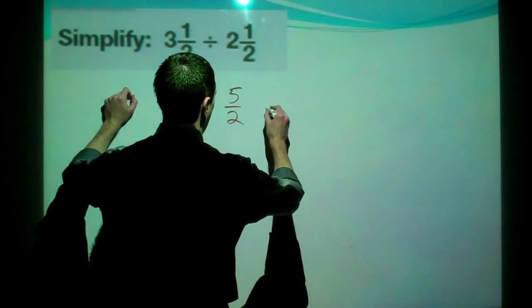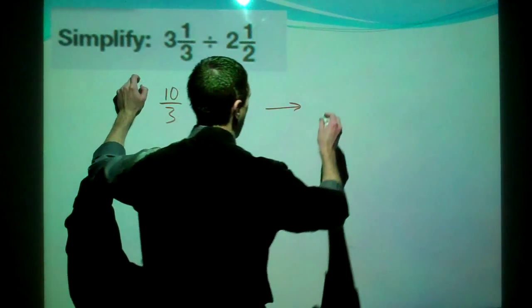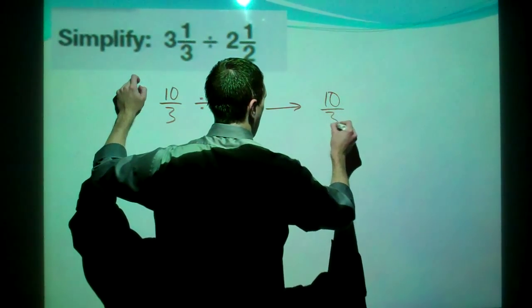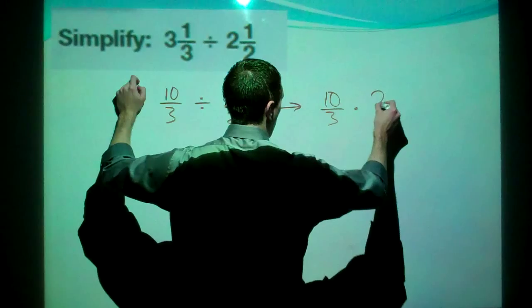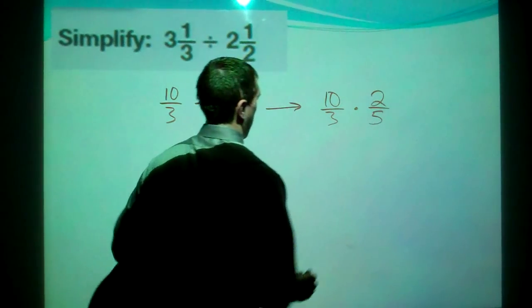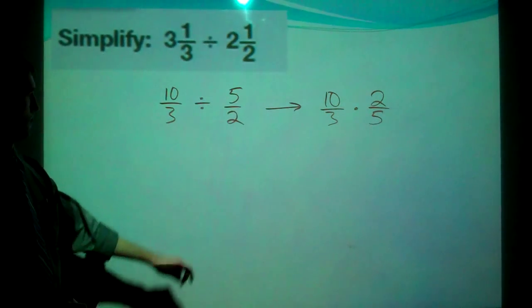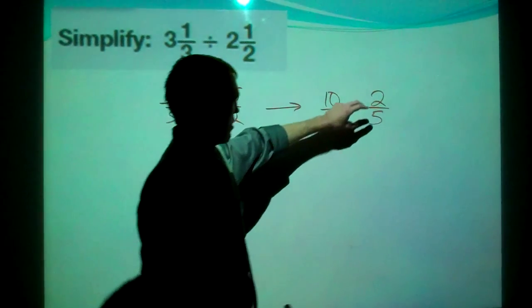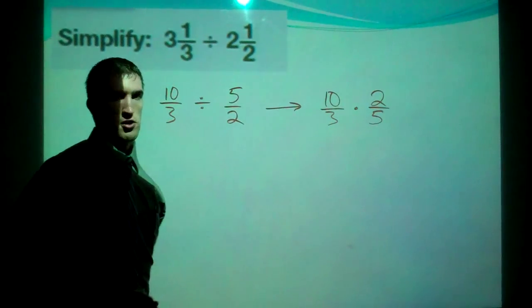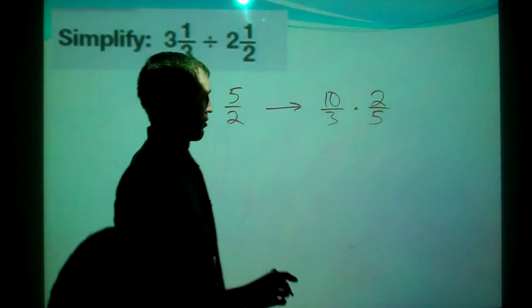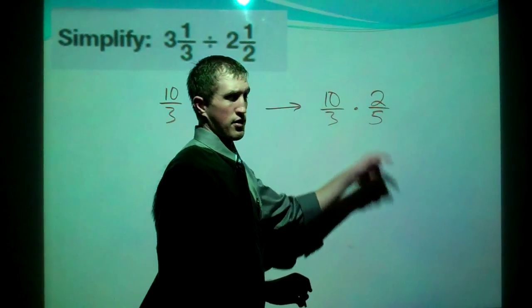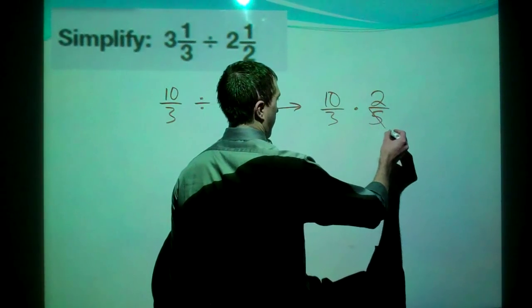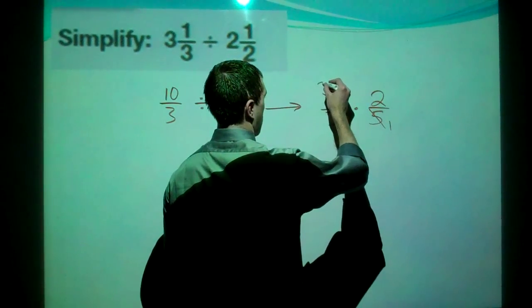So, we're going to do that. Let's do 10 over 3 times 2 over 5. All we did was take the reciprocal of this one. We flipped it around. So it was 5 over 2, and we turned it to multiplication. Looks like we can take a little shortcut here with the 10 and the 5. If we divide by 5, we get 1. Divide by 5, we get 2.